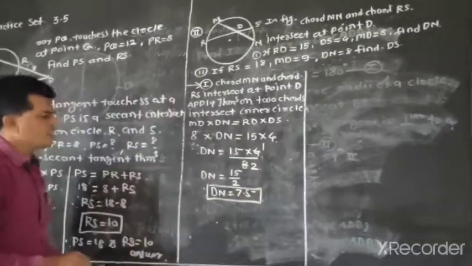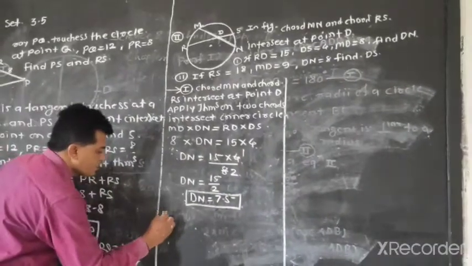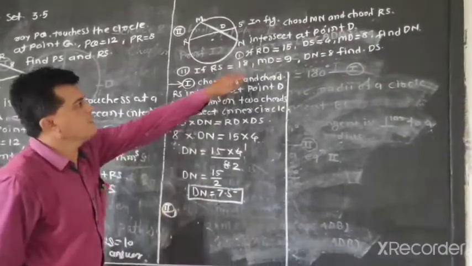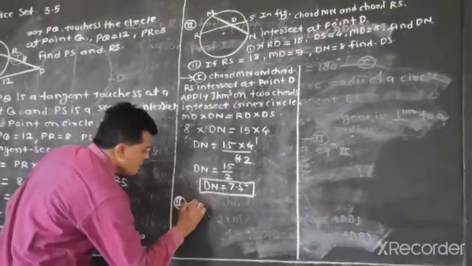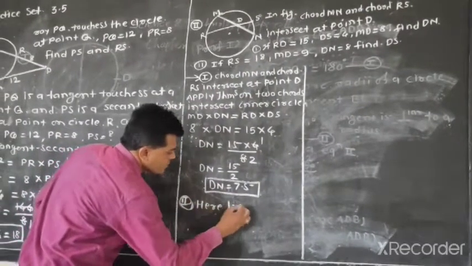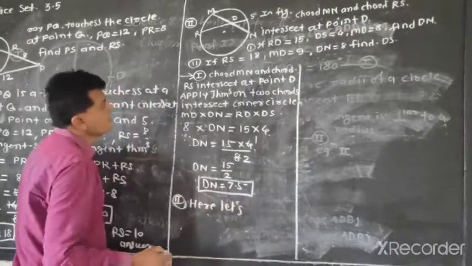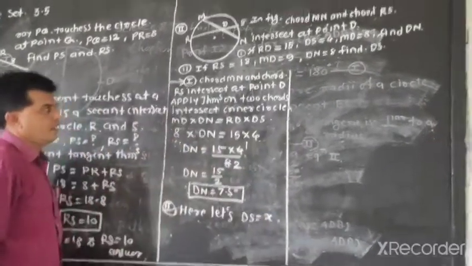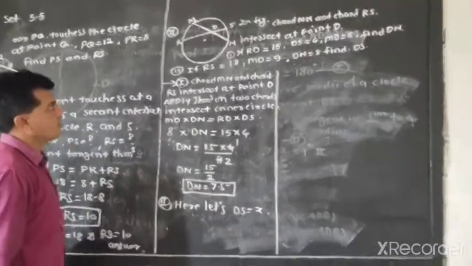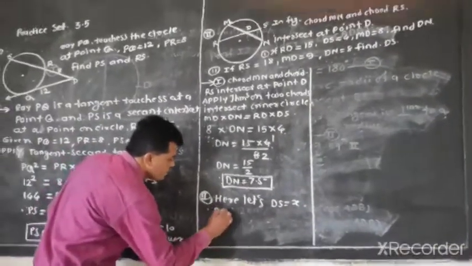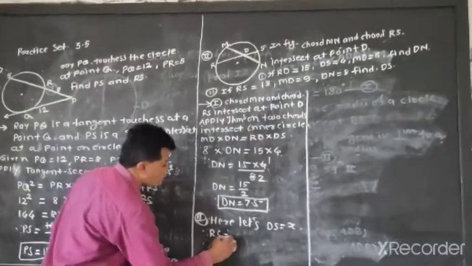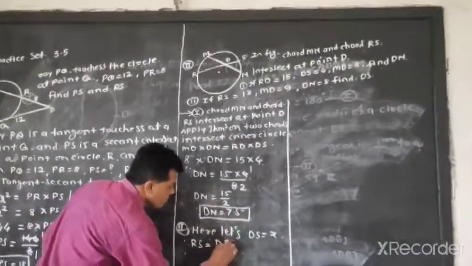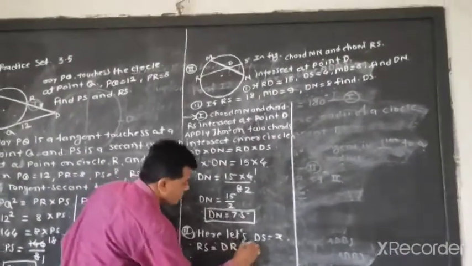Then for the second example, find DS. Let DS be equal to x. Then RS is equal to DR plus DS.